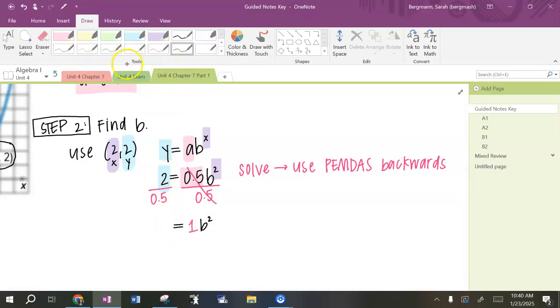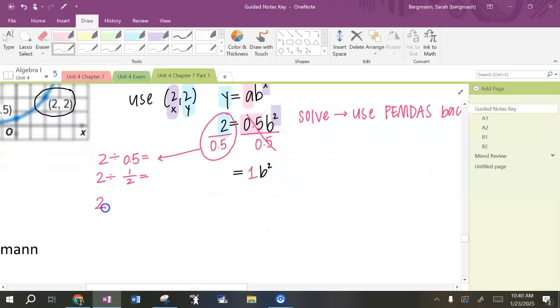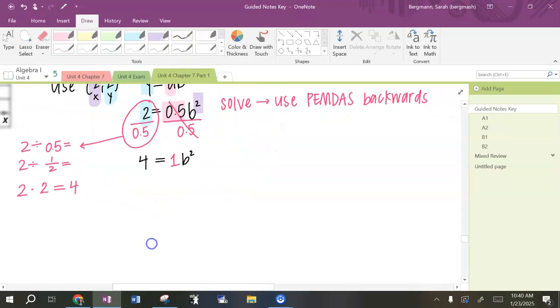On the left side, we need to figure out what is 2 divided by 0.5. It might be easier to look at that in fraction form. That would be the same as 2 divided by a half, which we know you keep the first, change to multiply, and multiply by the reciprocal. So we get 2 times 2, or 4. So put in your 4 over here.